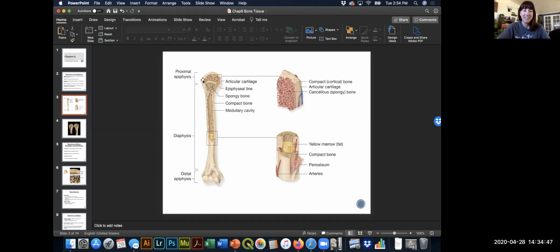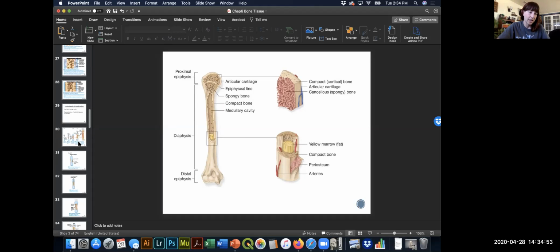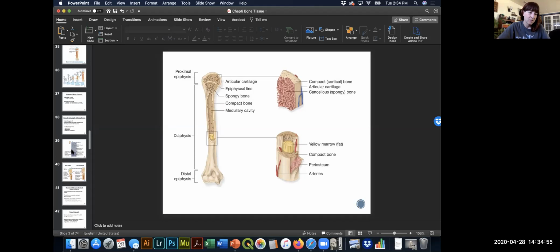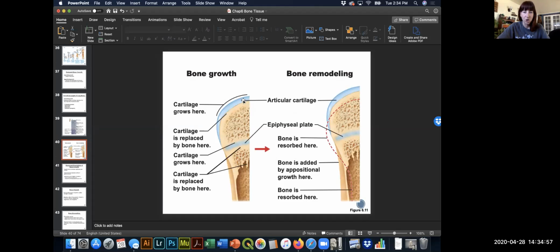So that would be the ends of your long bones where you have articular cartilage, which looks like something like this. So when you have articular cartilage at the ends of the long bones, you're not going to have periosteum as well. You're just going to have articular cartilage, and then the periosteum is going to cover the rest of the bone.